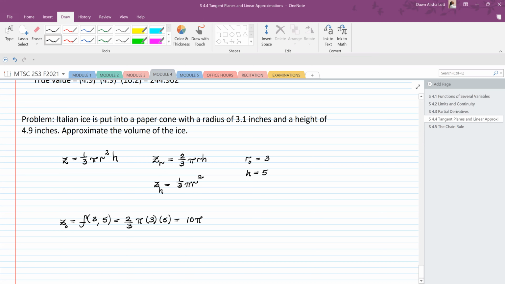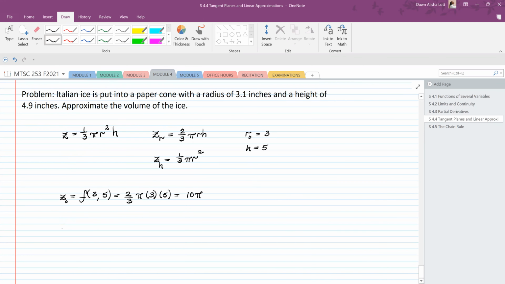And then Z sub r of 3, 5. No, I did this wrong. This should be 1/3. This is wrong. I did the Z sub r. Z sub r is 2/3 pi. r is 3 and h is 5. So that's 10 pi.